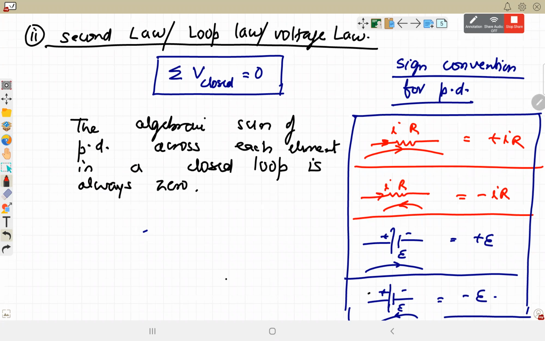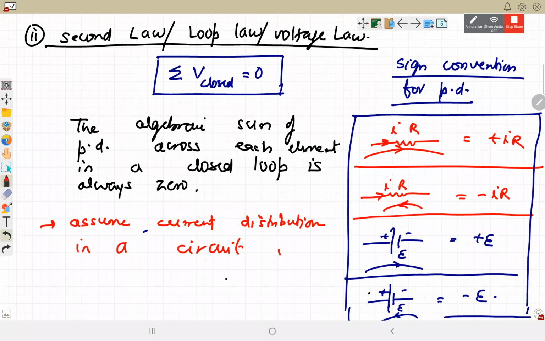So again, to apply the Kirchhoff's second law, we have to first assume a current distribution following the junction law. Assume current distribution for any circuit, using junction law.